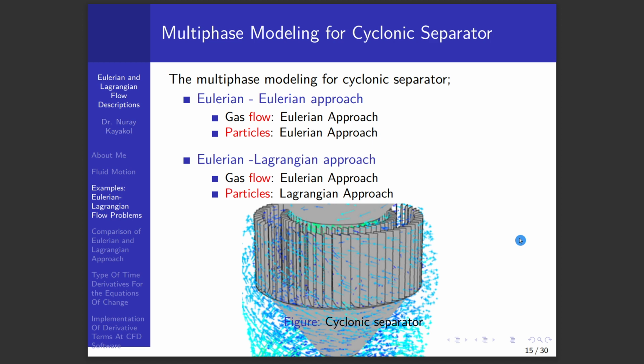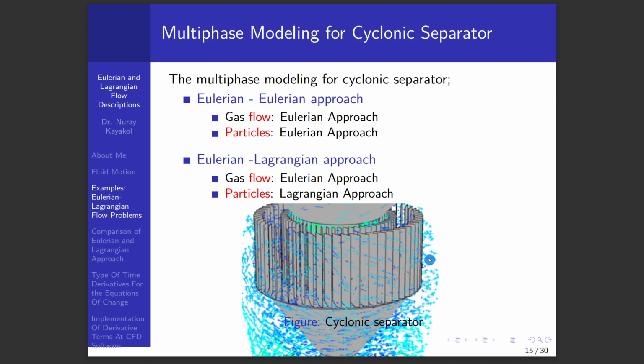So if you read those terms, if they are equal, Eulerian approach, that means both phases are modeled using the Eulerian approach. So you will never read Lagrangian approach alone. For gas flow or fluid flow, we basically use the Eulerian approach. Maybe Lagrangian could be for particles. In this picture, you see a cyclonic separator.